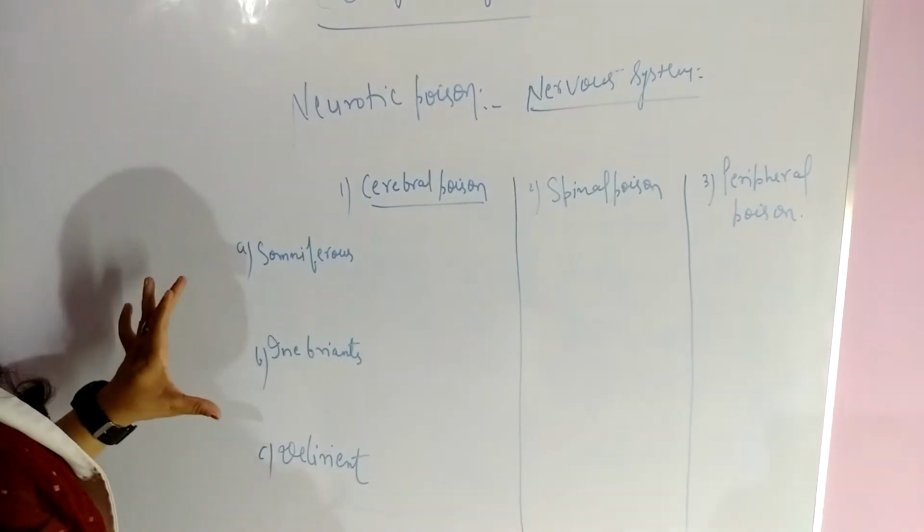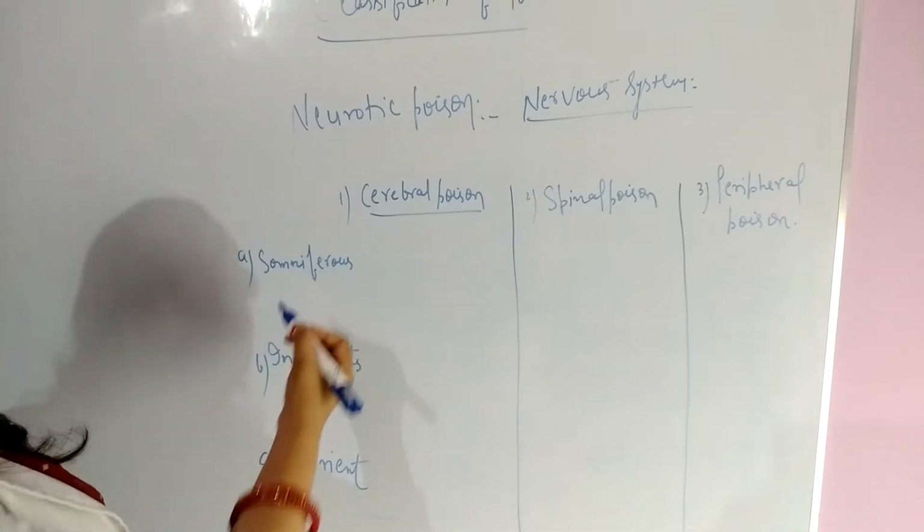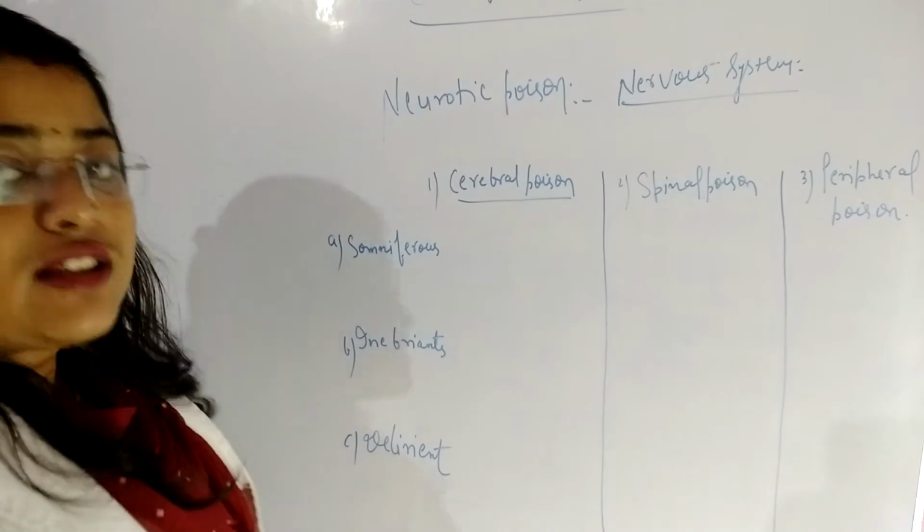So three poisons are under cerebral poisons: first is somniferous, second is inebriants, and third is deliriant.